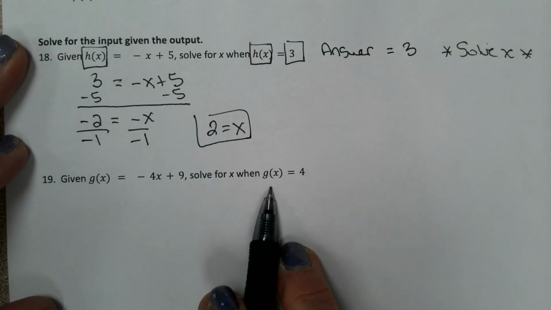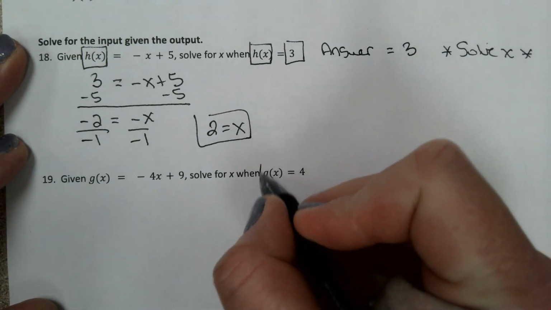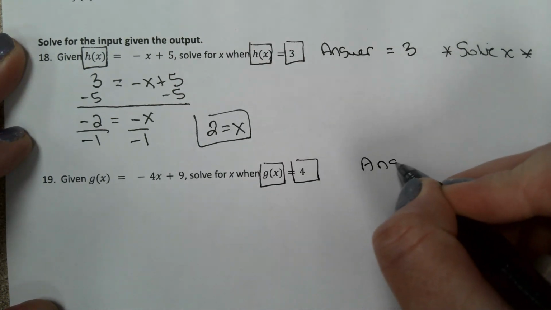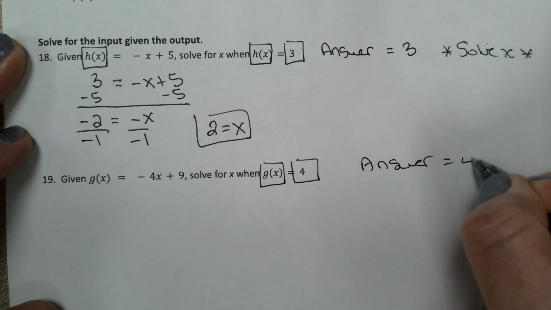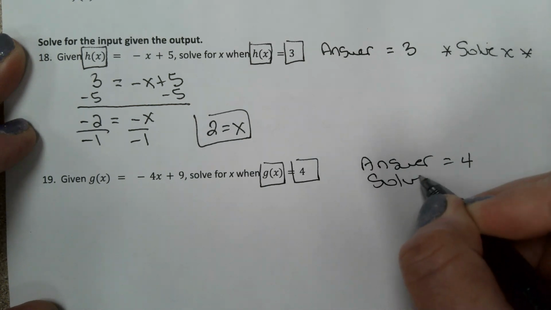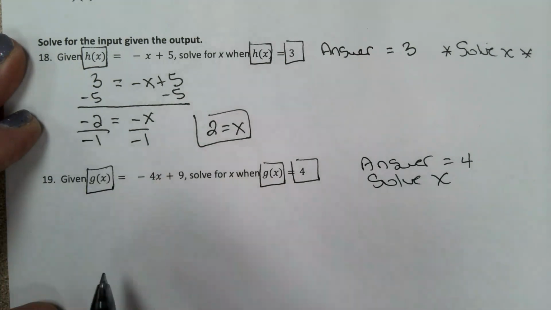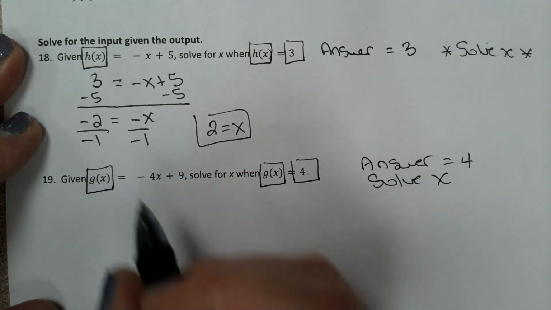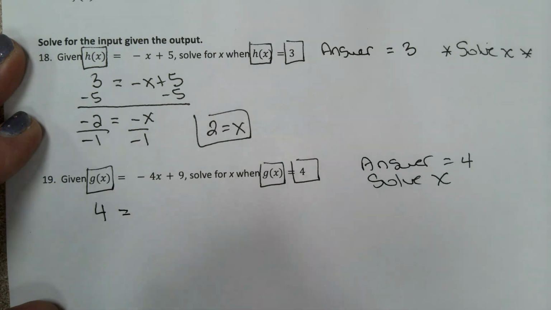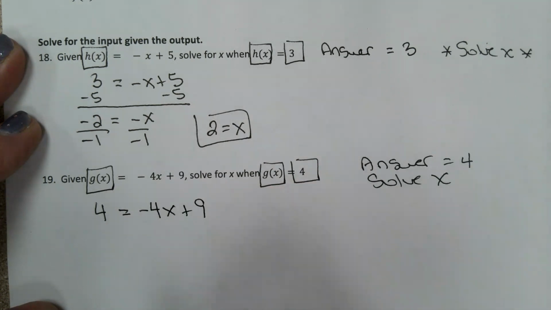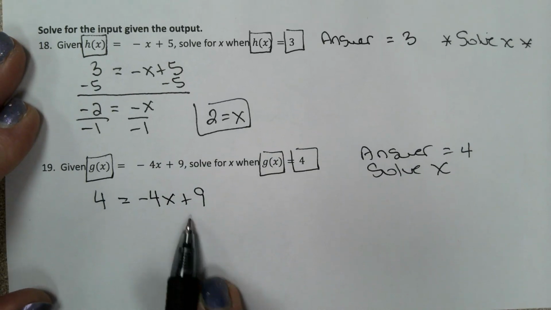All right, same thing on 19. I have g of x equals 4. So I know my answer equals 4, and I have to solve for the x. So I'm going to substitute 4 in place of the g of x, and everything on the other side stays the same.